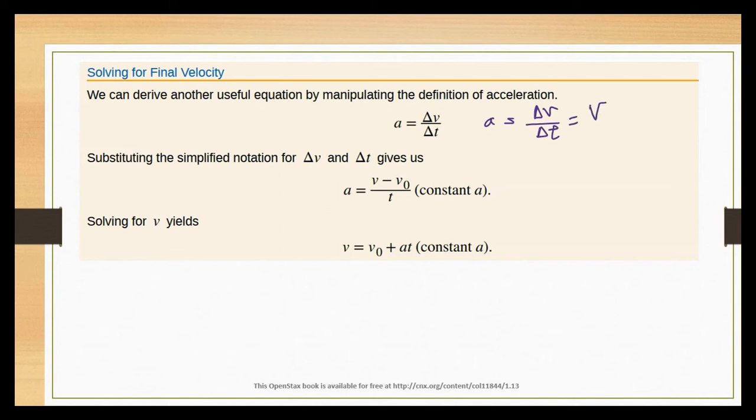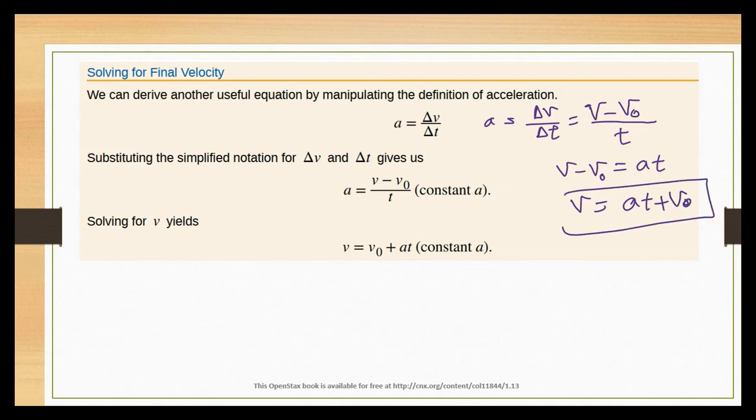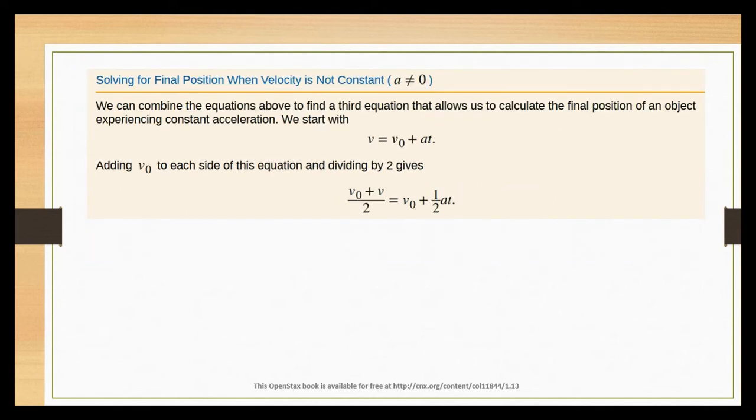Again, final velocity v minus initial velocity v0 over t. So v minus v sub 0 is equal to at. V is equal to at plus v sub 0. Another equation for constant acceleration.